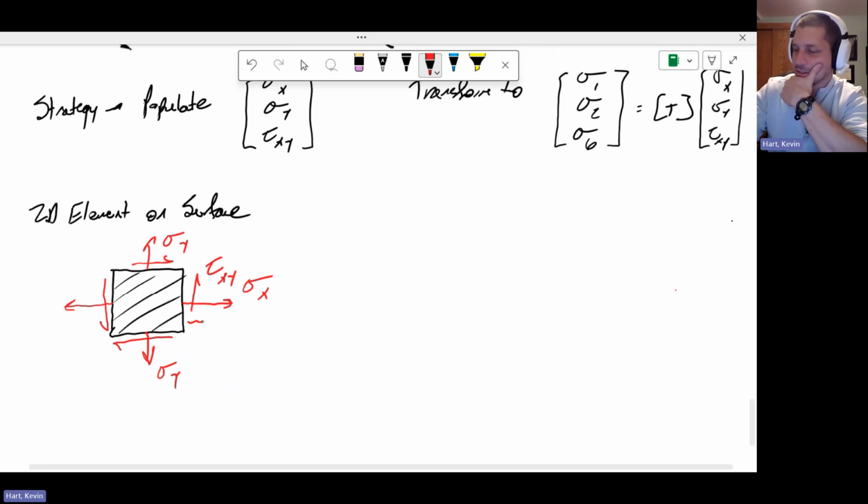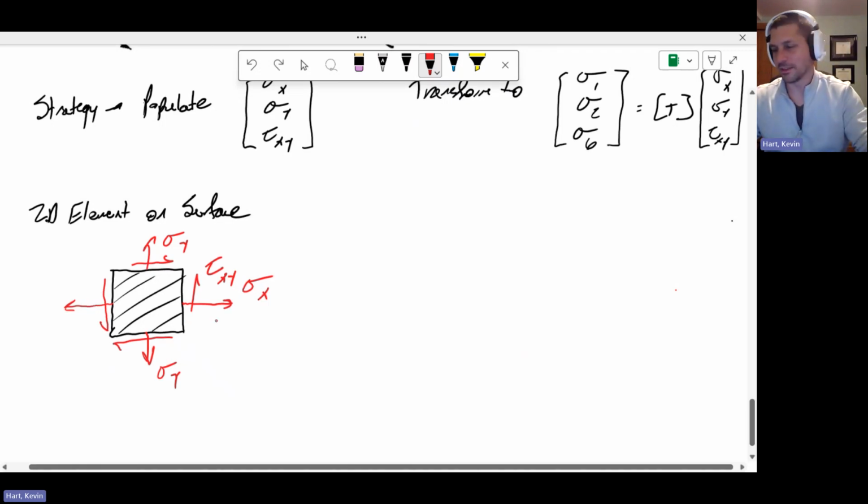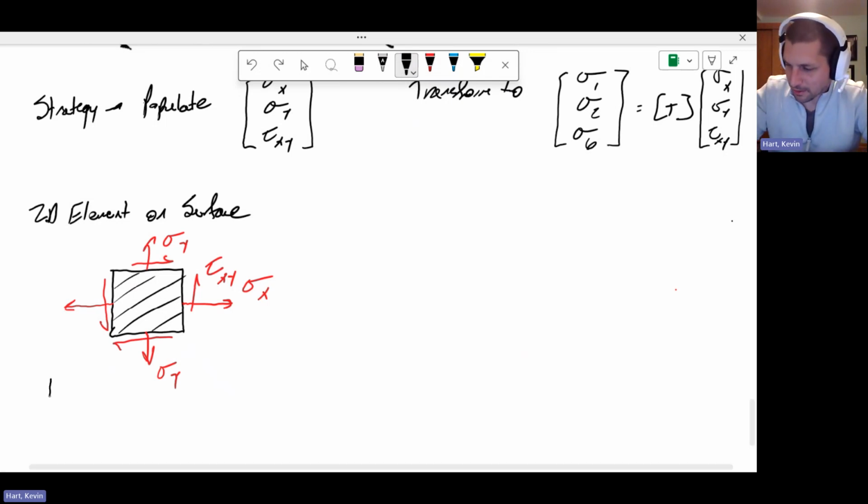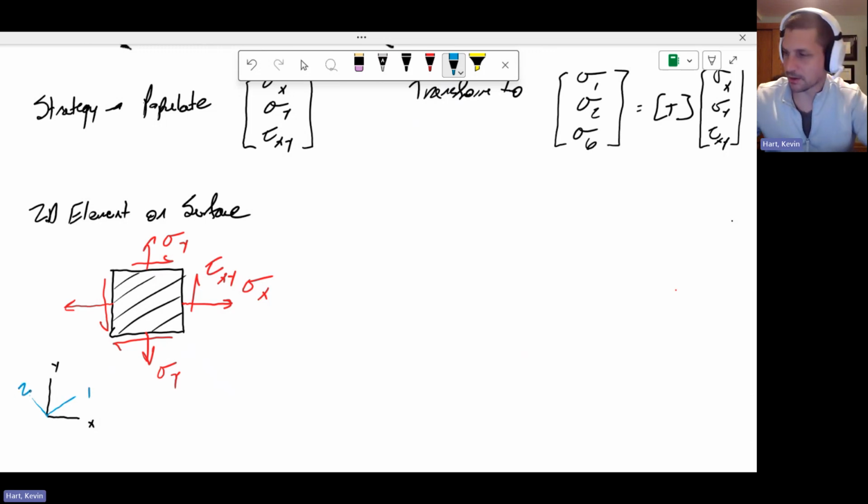Remember how we define these: this is the x face, x direction, and then the shear stress x face, y direction, and so on. We have coordinate systems here that are natural to the system, x, y, and then the principal material coordinates that we want are 45 degrees from that. So this is the 1 direction along the fibers and the 2 across the fibers. All this sort of makes sense.